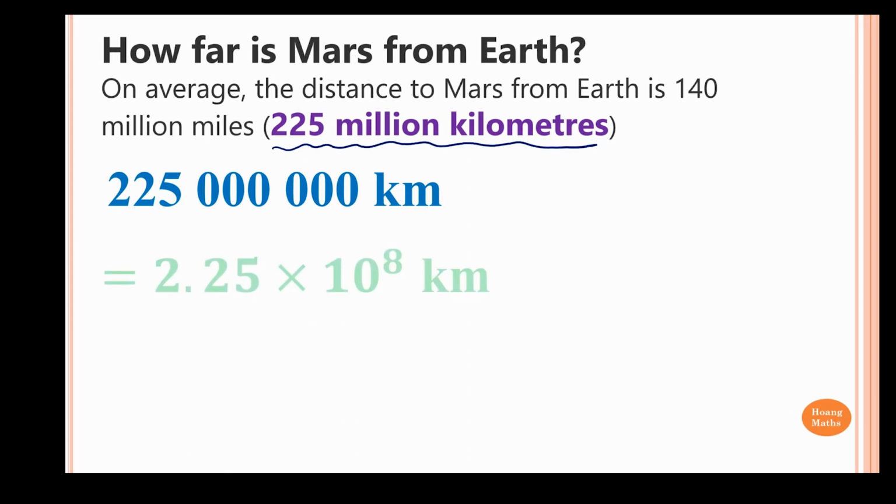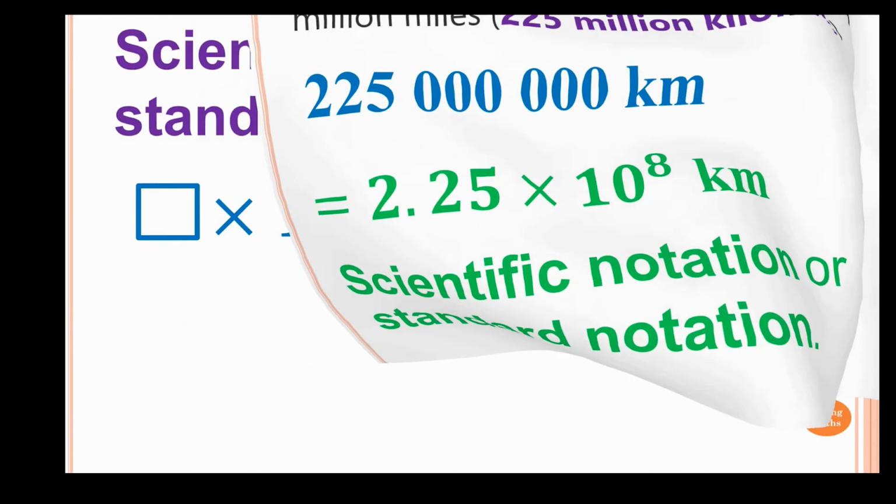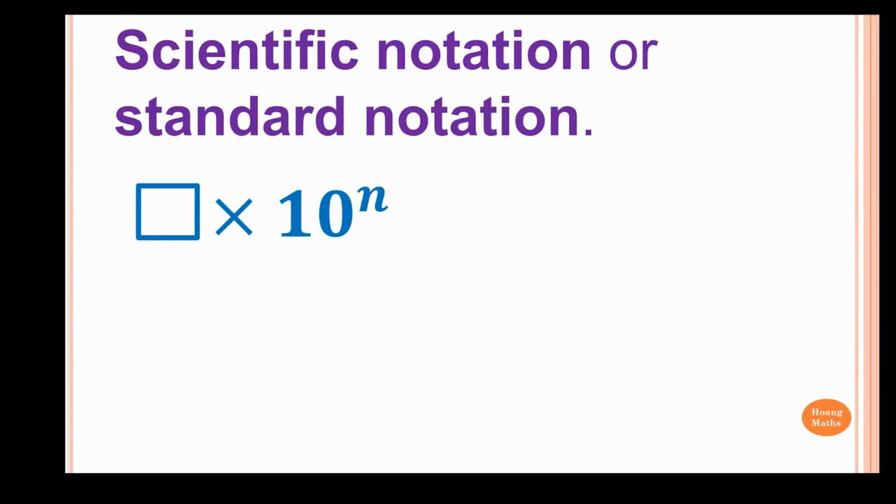So this can be written as 2.25 times 10 to the power of 8 kilometers. This is scientific notation, or we can call this standard notation if you like. For our scientific notation, it will be written as a number times 10 to the power of n.